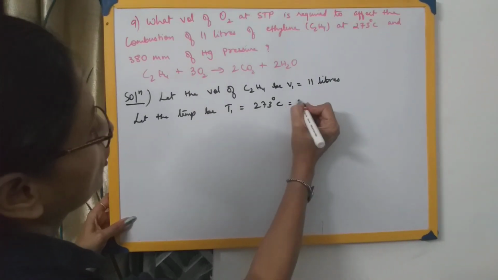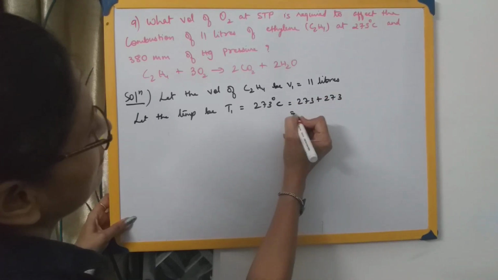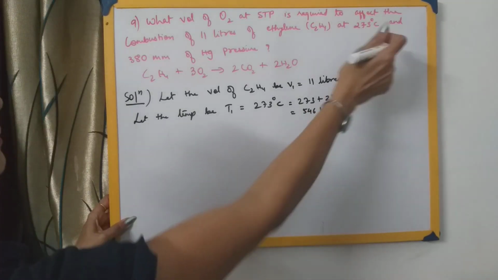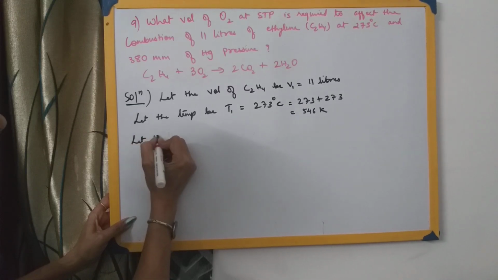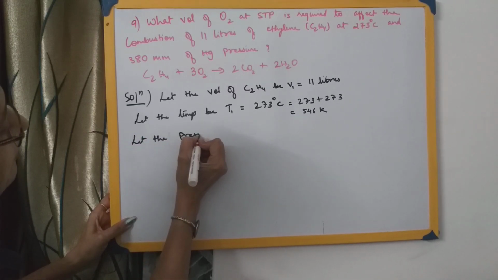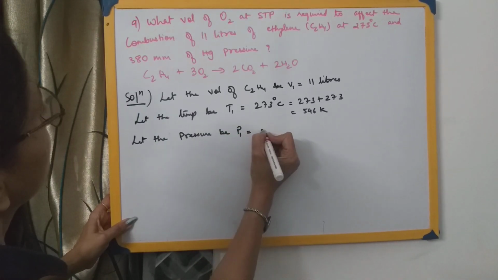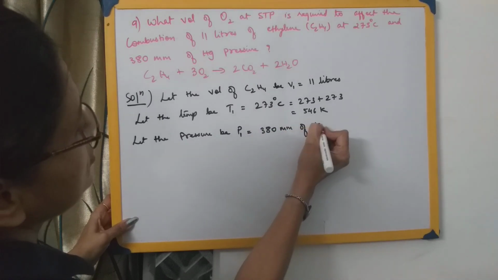So that will be 273 plus 273, which gives us 546 Kelvin, and 380 mm of Hg of pressure. So let the pressure be P1 equals 380 mm of Hg.